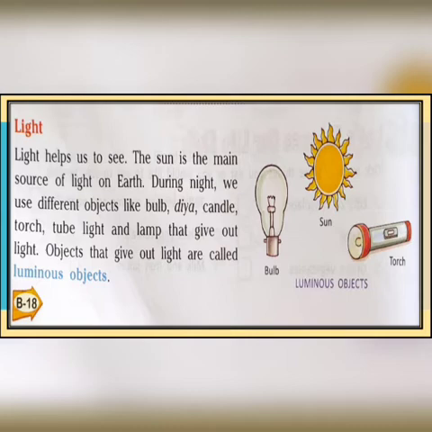The objects that give out light are called luminous objects, for example diya, candle, torch, tube light, lamp, bulb, and also the sun.